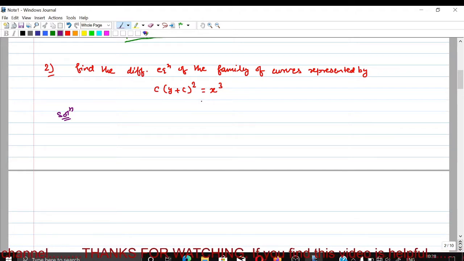In this problem you don't need to extract the equation because here you already have a given equation which represents the family of curves. So our first step is done.